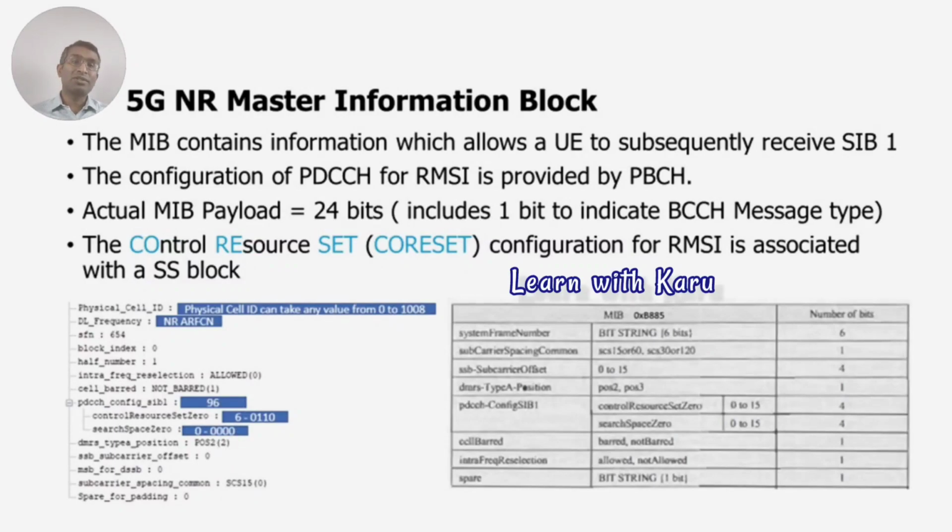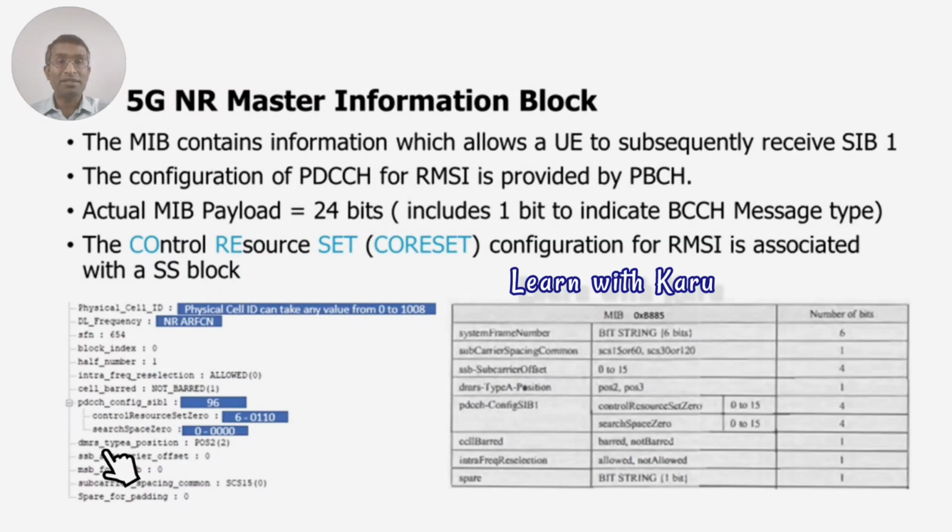Control resource set 0, index 6. In the 3GPP specification table 13.1, index 6 represents the physical resource blocks that we will use, and the number of symbols that gets used for the control resource set.